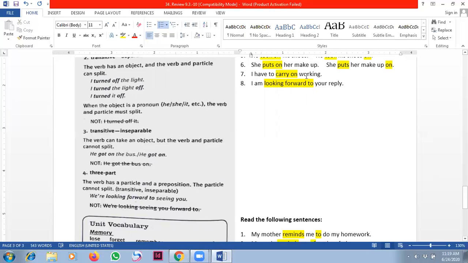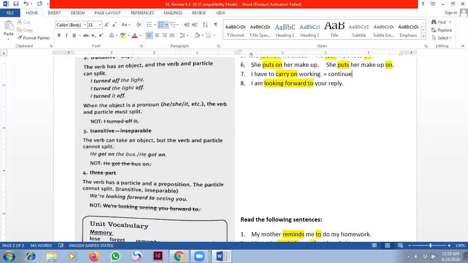What about here? Number 7, I have to carry on working. You cannot say I have to carry working on. Carry on, by the way, is continue. I have to continue working. I have to carry on working. We cannot separate carry, working on.